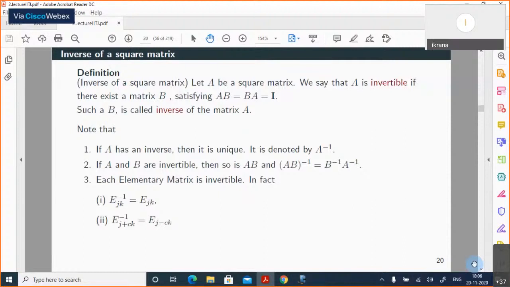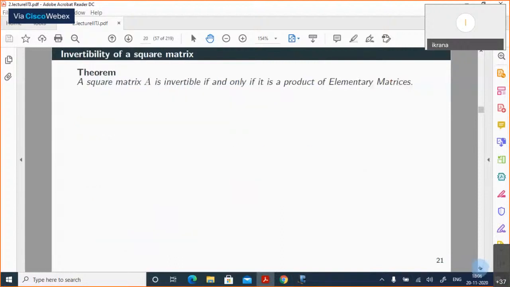For example, for E_JK, its inverse is itself, the interchange again. Similarly, the inverse of multiplying and adding is multiplying and subtracting, and multiplying by alpha, multiply by 1 over alpha. So these are the inverses. One can check that.